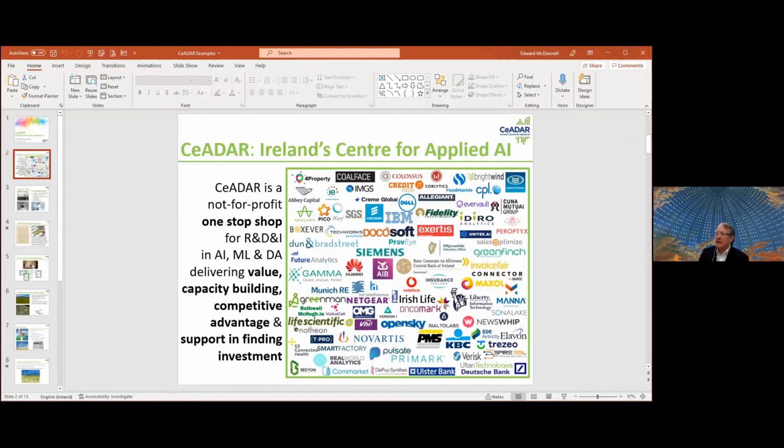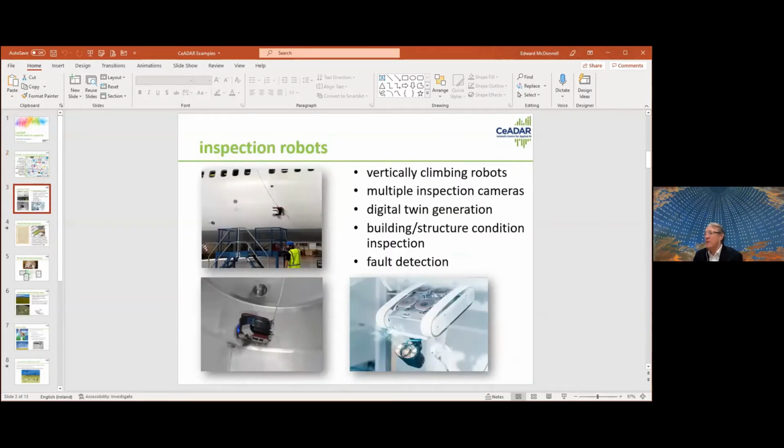So what I've done for today's presentation is selected 8 examples of applications where AI is at work. I'll start off with what could be considered a more exotic, very exciting example, inspection robots. The other examples I quote are not quite as glamorous as this one.